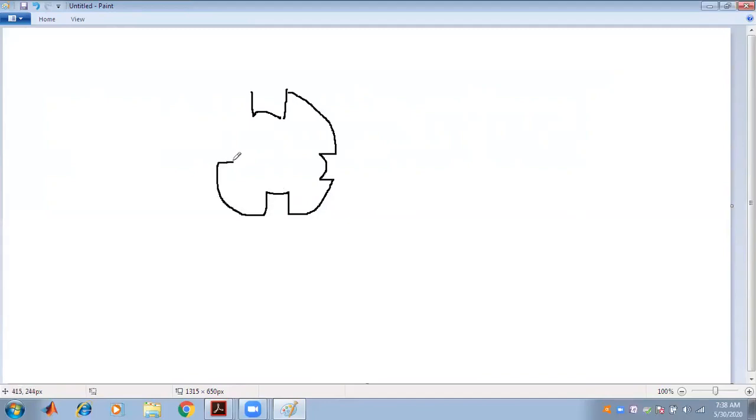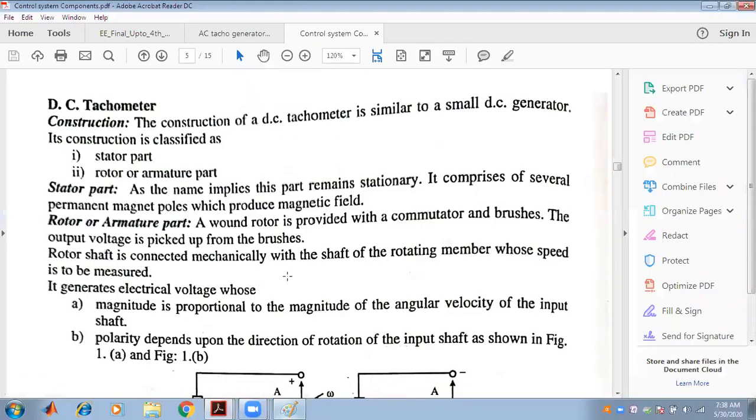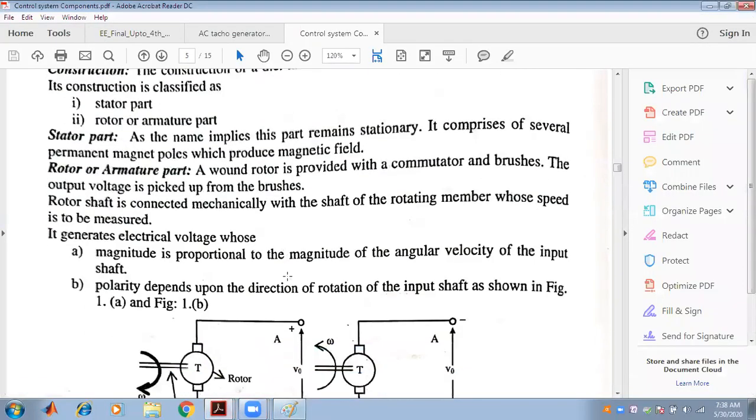The stationary part is responsible for producing the magnetic field, and the windings are placed on the stator part like this. This is generally the stator, the stationary part of a DC tachometer, and the poles are mounted in order to produce a magnetic field.